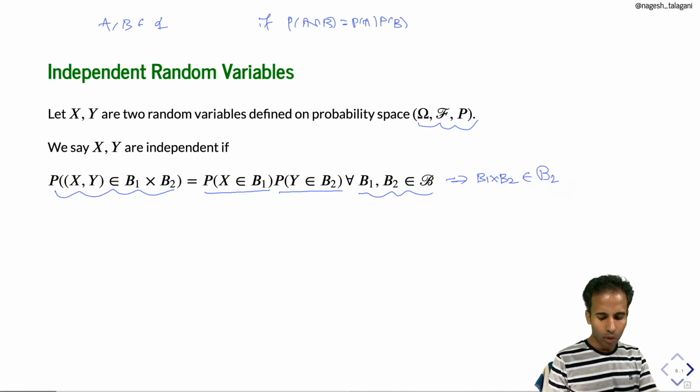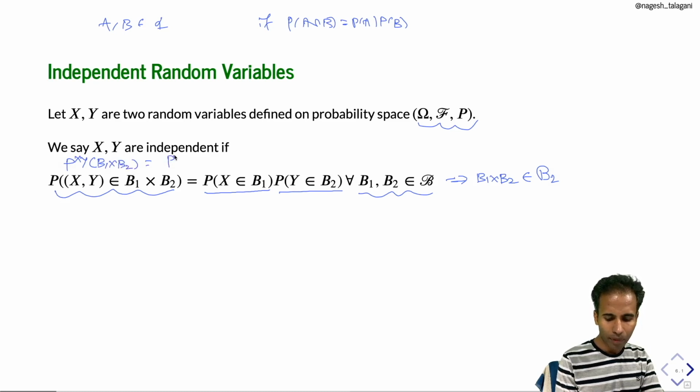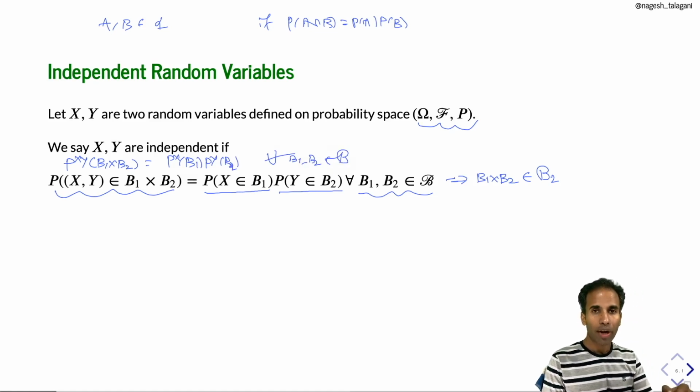If you want to put this definition in terms of joint probability distribution and marginal probability distribution, on the left-hand side I can write the P(x,y) value at b1 cross b2, and on the right-hand side I can write Px of b1 times Py of b2, for all b1, b2 belonging to script B. That means the joint probability distribution of (x, y) should be the product of the marginal probability distributions. Now let us try to see the meaning of the definition.